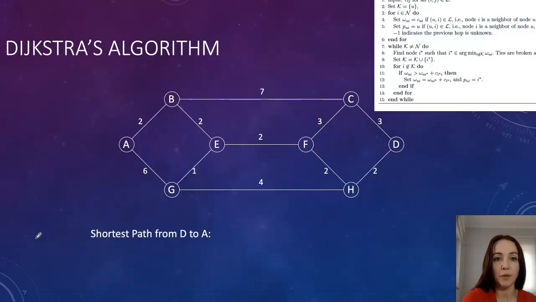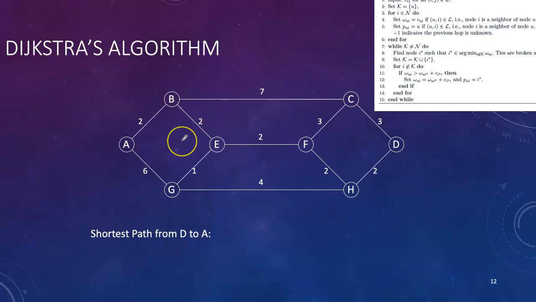Let's see an example. In this example, we're running Dijkstra's algorithm at node A. A wants to find the best hops, meaning the minimum cost paths, from itself to every other node in the network.